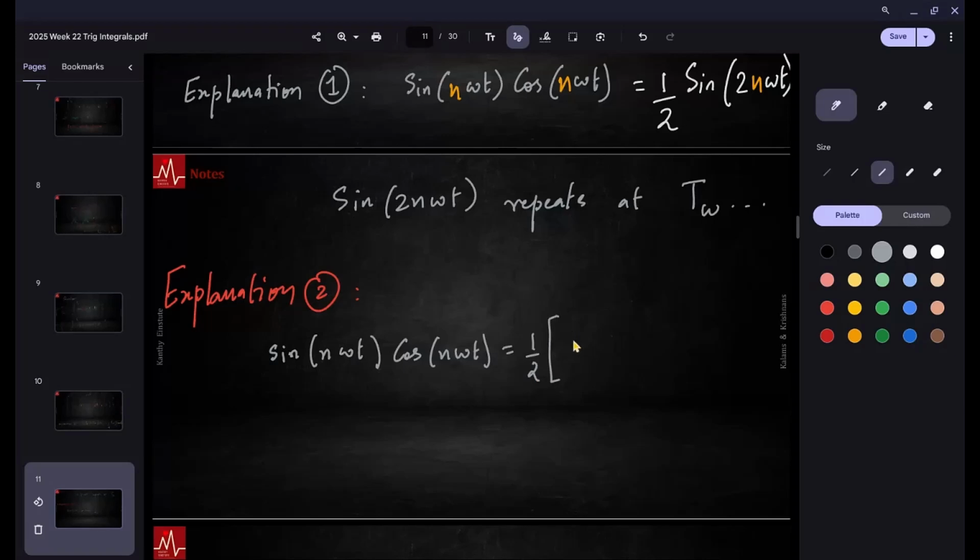What is this? Sine of 2n omega t, a plus b, plus sine of a minus b.